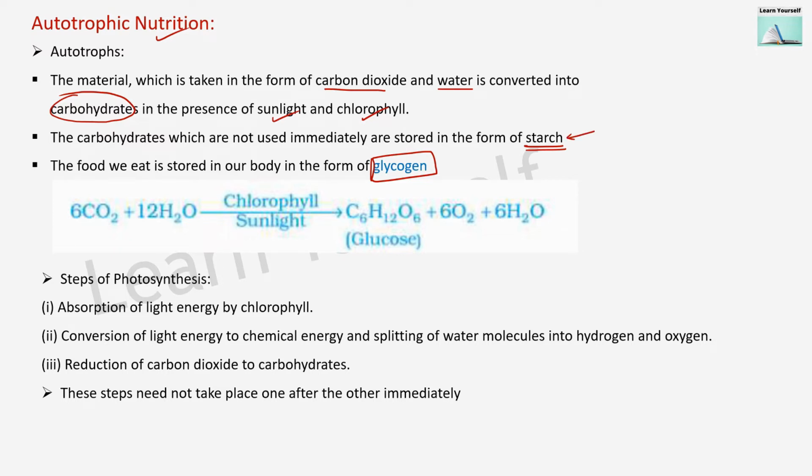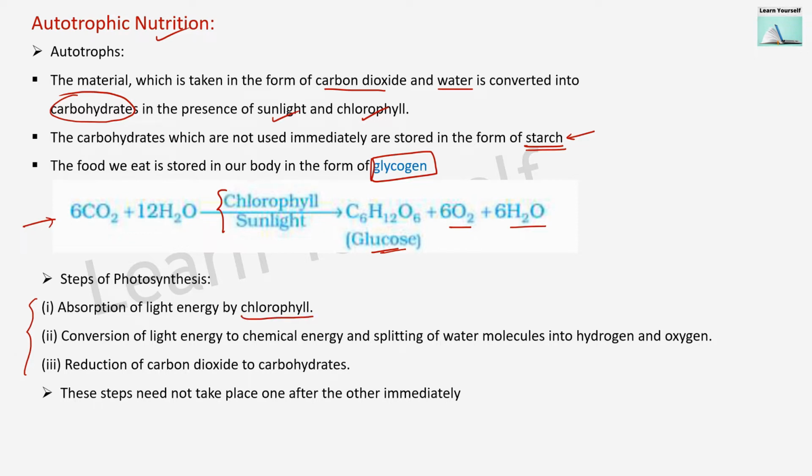Now this is an equation that you have to remember: 6 molecules of carbon dioxide react with 12 molecules of water in the presence of chlorophyll and sunlight, and these get converted into glucose, oxygen and water. Now the steps of photosynthesis. These are the three main steps in the photosynthesis process. First, absorption of light energy by chlorophyll. So this is a function of chlorophyll.